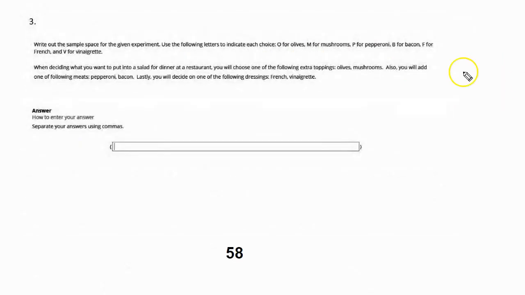Now, for number 3, someone's going out, going to have a salad. Now, we have a choice of olives and mushrooms. We can also add pepperoni and bacon.